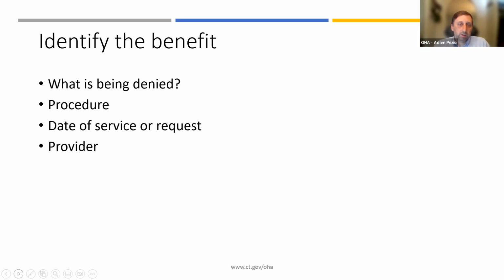You'll see that, and you can understand, especially if people are having a complex series of procedures or a hospital visit, sometimes it can be hard to know what's being denied and what isn't. So this can help people to sort of parse out, well, they're covering the hospital, but they're saying that they don't have to cover Dr. Smith, or whatever the case may be.